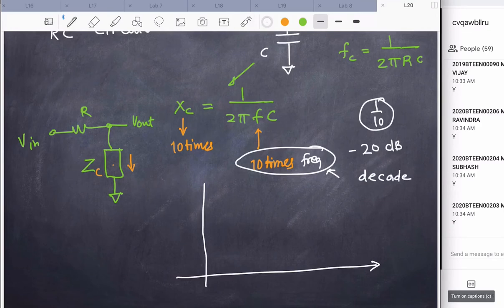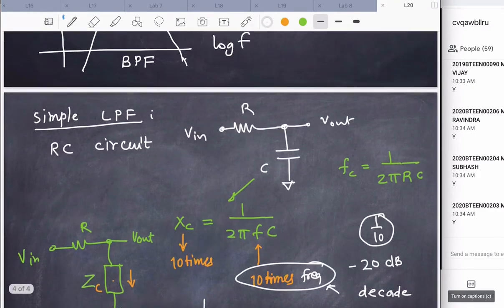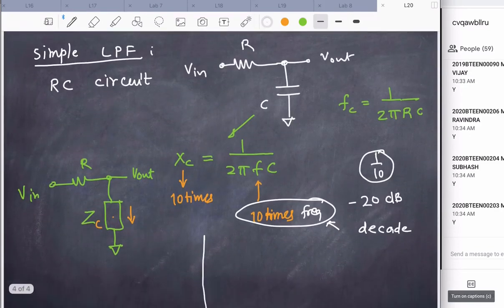Okay. So, let us understand once again, this is a simple RC circuit which we use as a low pass filter. The Xc is given by this formula. In this formula, when we say that frequency is increased 10 times, that is increased by 1 decade, the Xc is reduced 10 times.